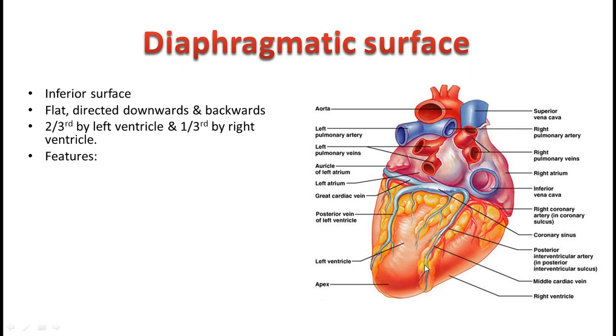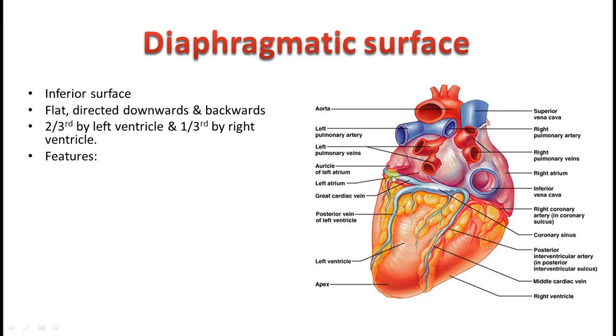Then it is separated from the base of the heart by the posterior part of the atrioventricular groove. The posterior part of the atrioventricular groove, again you are able to see the left side as well as the right side. On the left side, you are able to see the coronary sinus lodged in here. That is why it is actually called the coronary sulcus.